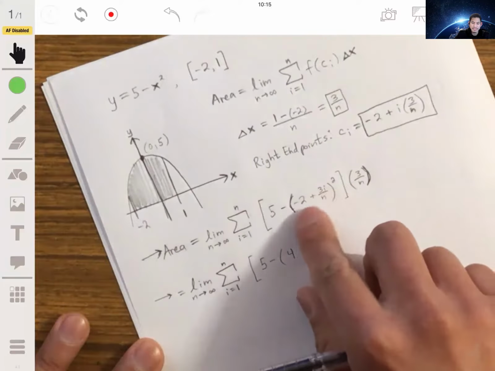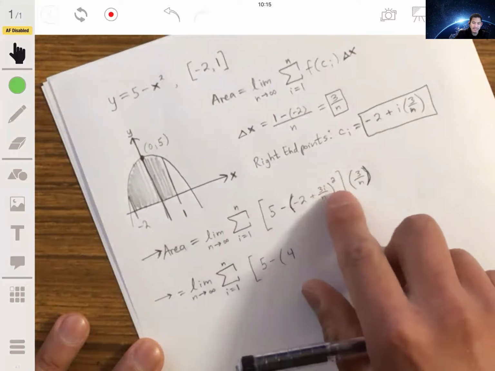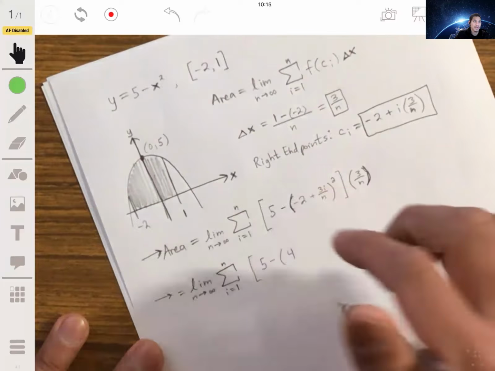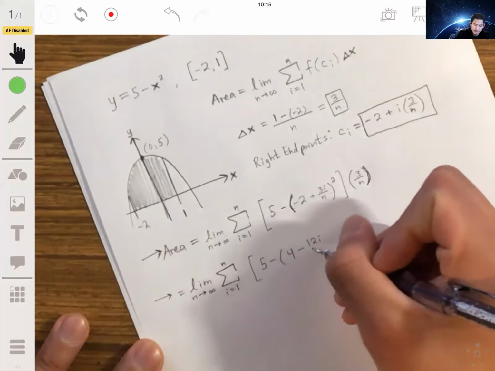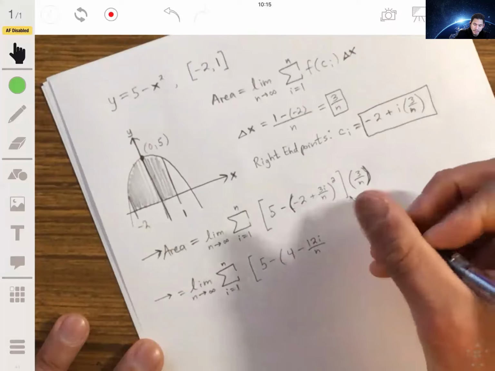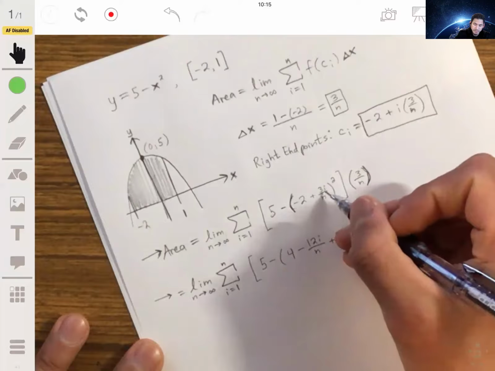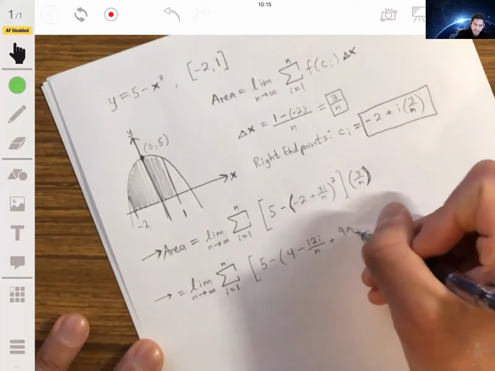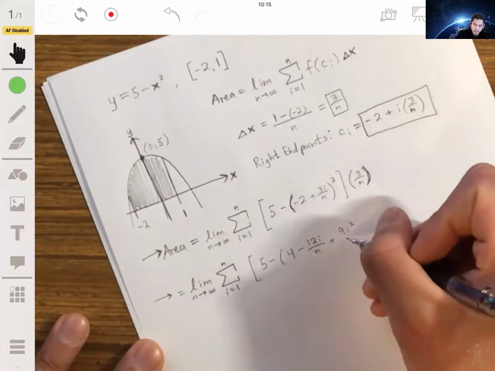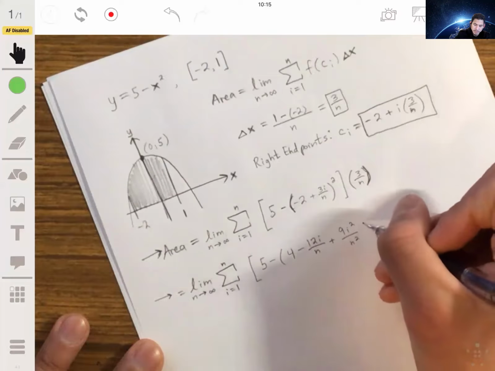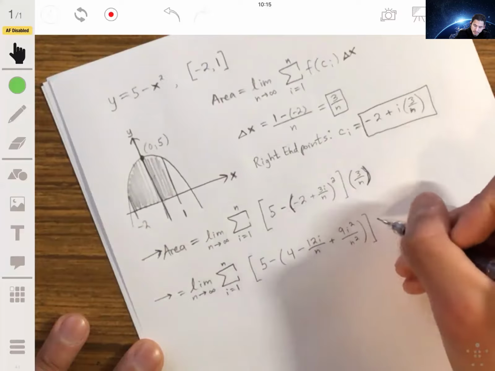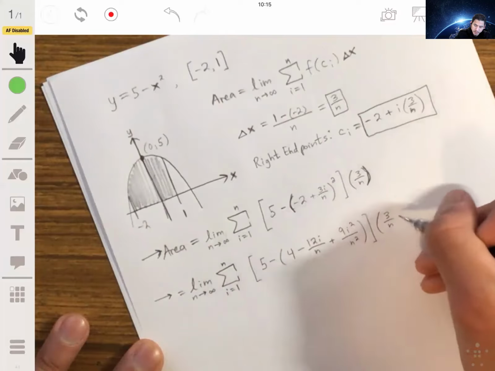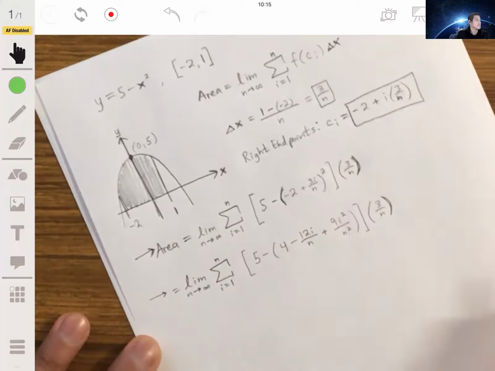So minus 6i over n minus 6i over n, so it'll be minus 12i over n, plus 3i over n squared, so plus 9i squared over n squared. That whole thing will be multiplied by 3 over n afterwards.